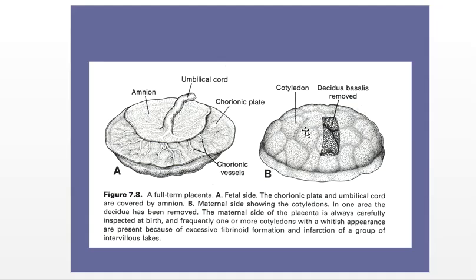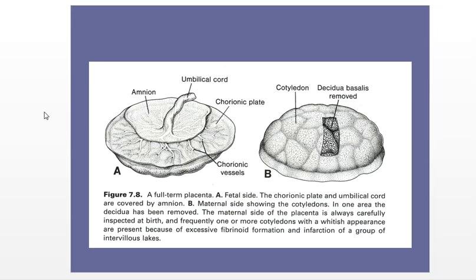Because decidual septa do not reach the chorionic plate, contact between intervillous spaces in the various cotyledons is maintained. As a result of continuous growth of the fetus and expansion of the uterus, the placenta also enlarges.